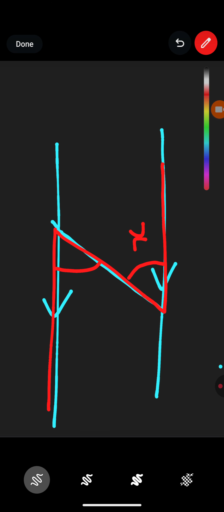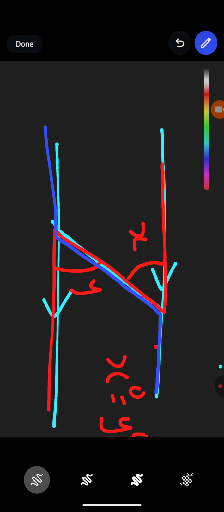So if this is x, this is y, then x degrees is equal to y degrees. Also this, because my handwriting is bad, so I write Z like this, so this is the same as this. m degrees is equal to n degrees.